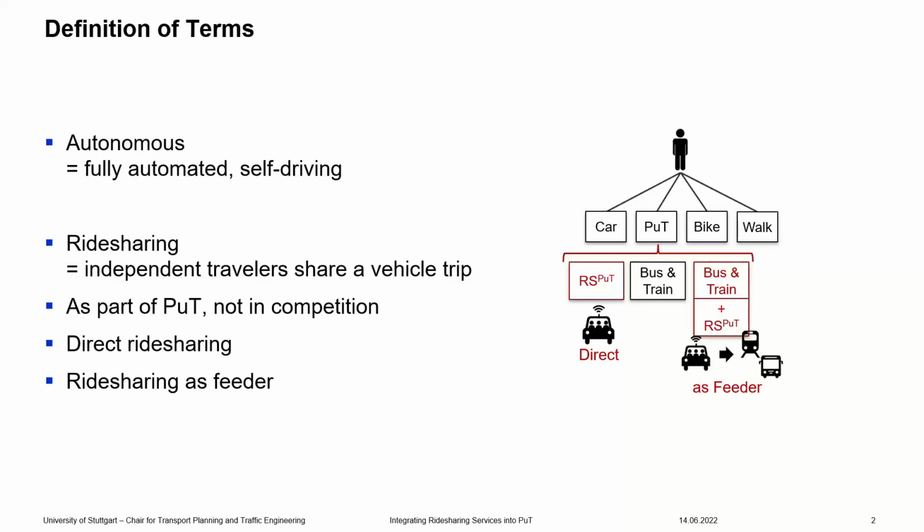And it consists of two forms of ride sharing. Firstly, there is direct ride sharing, where ride sharing is the only means of transport from origin to destination for a traveler. And then secondly, there is ride sharing as a feeder, where it is a feeder to buses or trains.